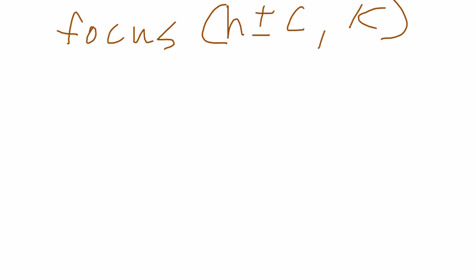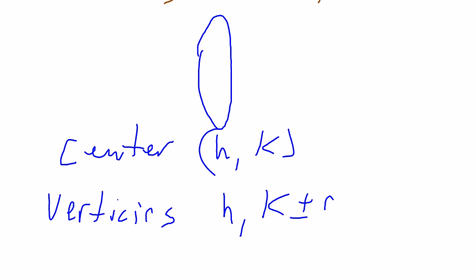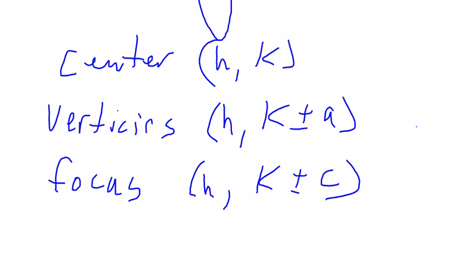If I'm oriented up and down, center, again it's still h, k. Vertices, we'll do vertices first. Vertices are h, k plus or minus a. Focus is h, k plus or minus c.